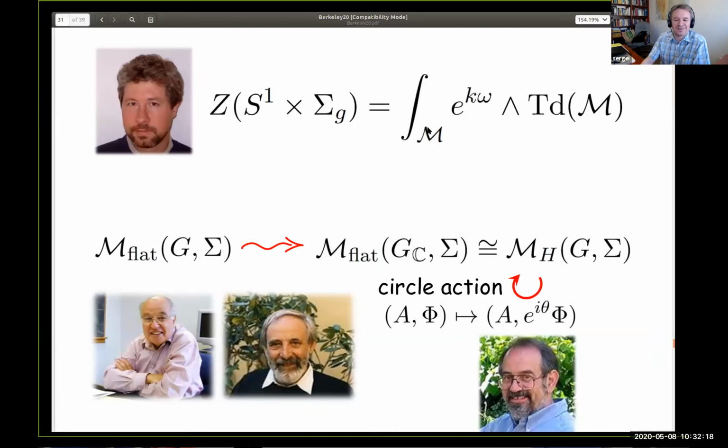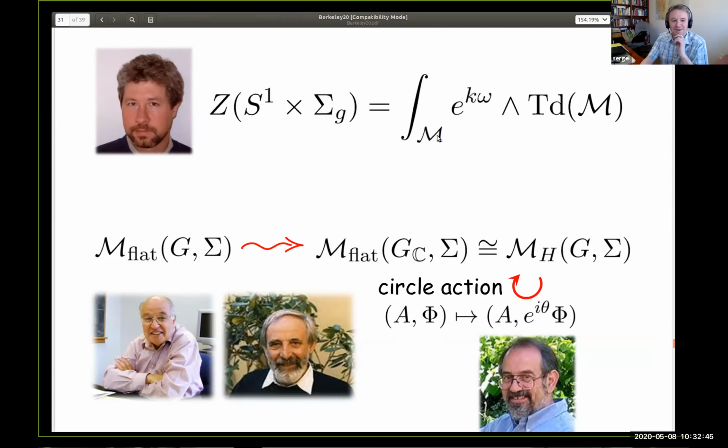If the group G is compact, there is no problem. This is just an integral, and it depends on k, the level, on the choice of the group G, and of course on the Riemann surface sigma. Computing this integral is challenging, but a very doable problem. And you get a finite number, which is precisely this Verlinde formula.